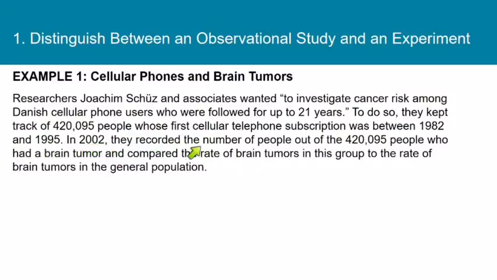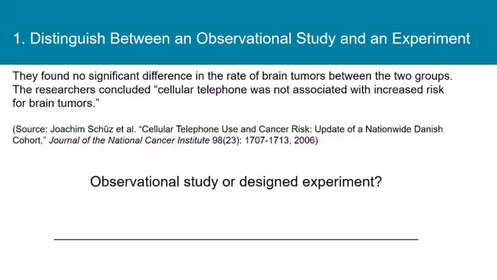In 2002, they recorded the number of people out of the 420,095 people who had a brain tumor and compared the rate of brain tumors in this group to the rate of brain tumors in the general population. It says they found no significant difference in the rate of brain tumors between the two groups. The researchers concluded cellular telephone use was not associated with increased risk for brain tumors.